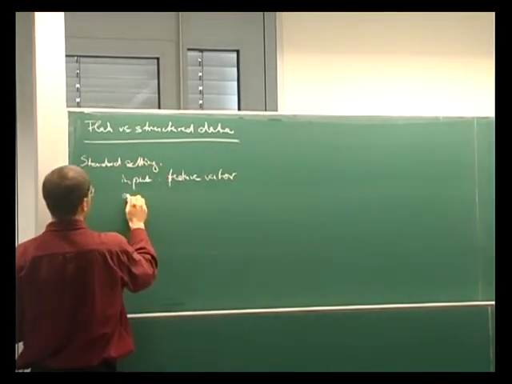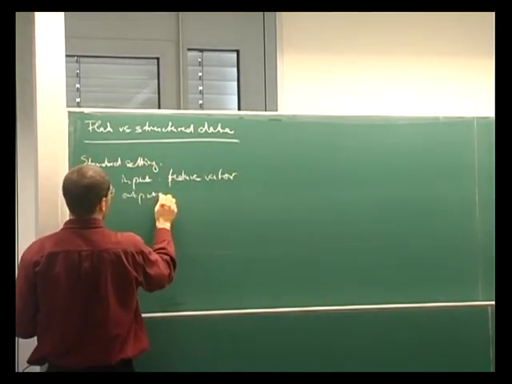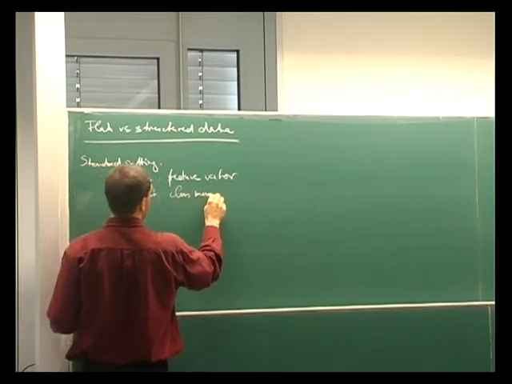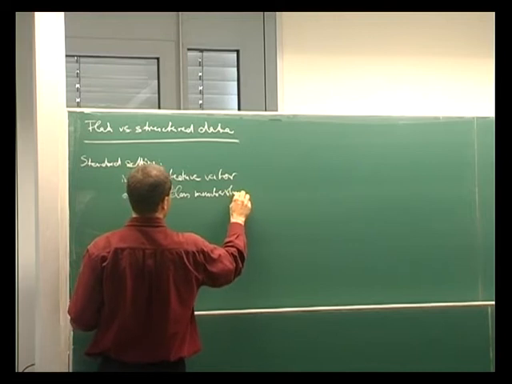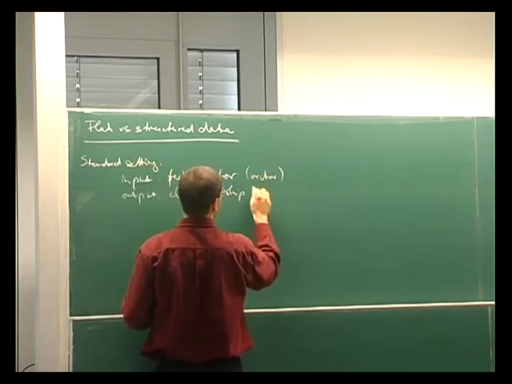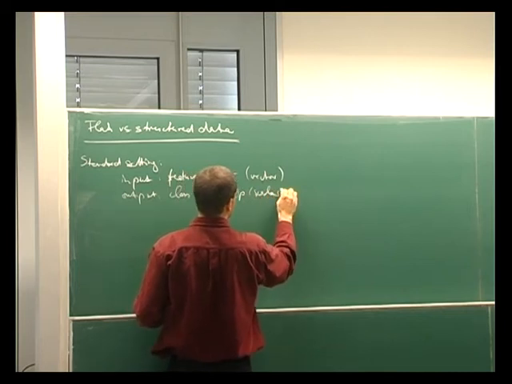And the output would be a probability or a class membership. So essentially here we have a vector, and there we have a scalar. And that's it.